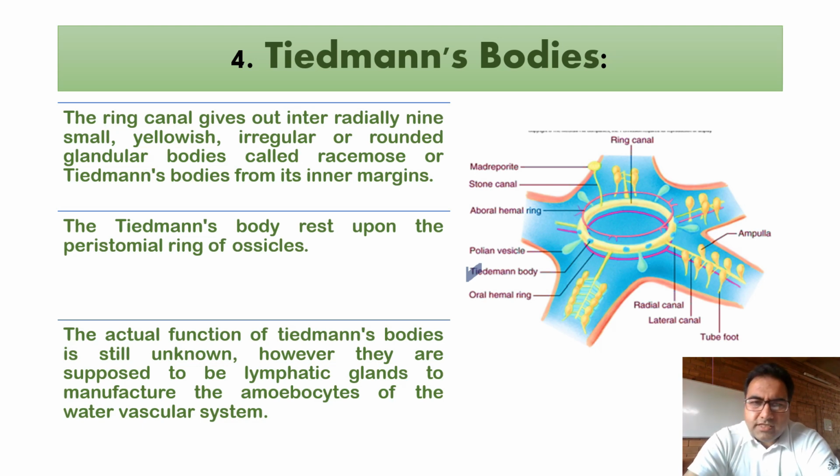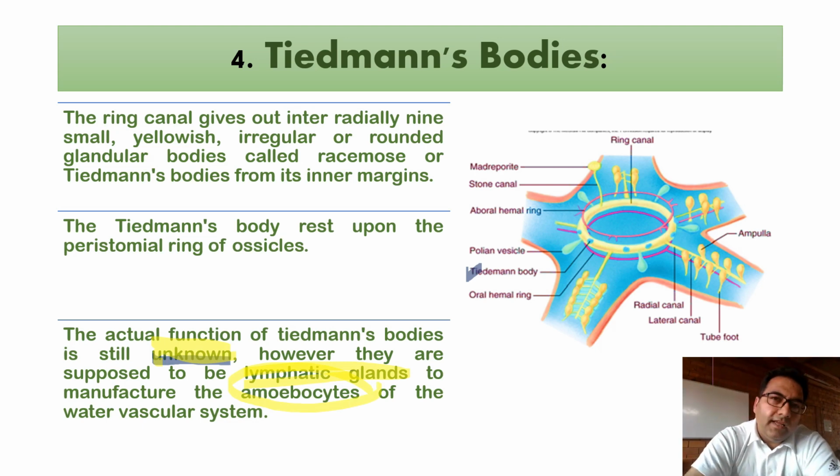And the actual function of the Tiedemann's bodies is still unknown. We still do not know about their function. But they are supposed to be lymphatic glands, so that they can manufacture the amoebocytes, which are found in the fluid of the water vascular system of the echinoderms.